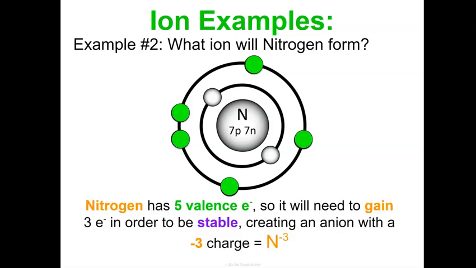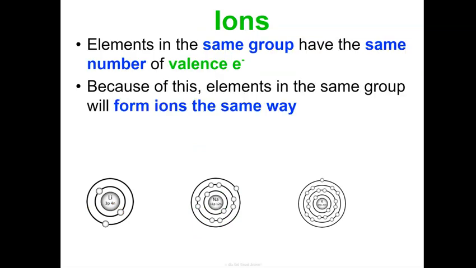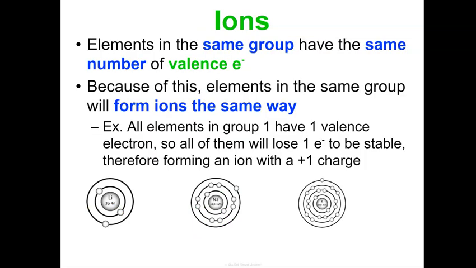Okay. Now I gave you that periodic table, so I think this is where your notes might pick up. I gave you that periodic table that shows you that elements in the same group have the same number of valence electrons, which means they're all going to form ions the same way.